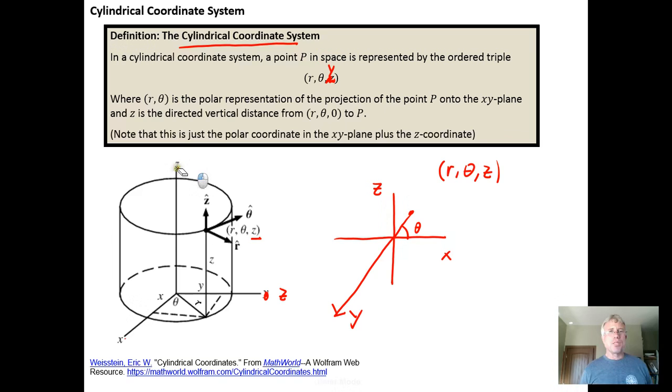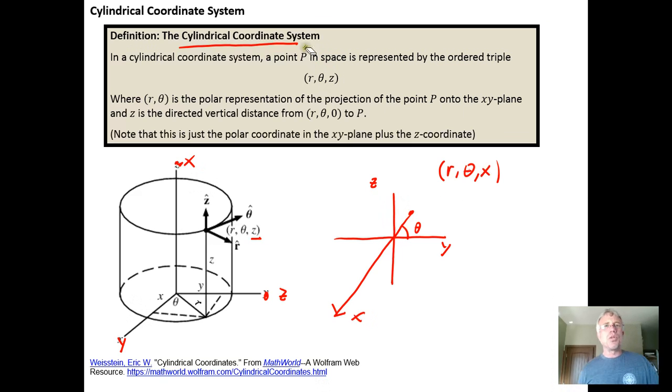And we could just as easily have the vertical axis represented as the x-axis, and make this the y-axis. And then we'd have r and theta, so we'd have y and z. Theta would be the angle that we make with the positive y-axis. R would still be the length of the line segment. And then here, instead of z, we would have x.